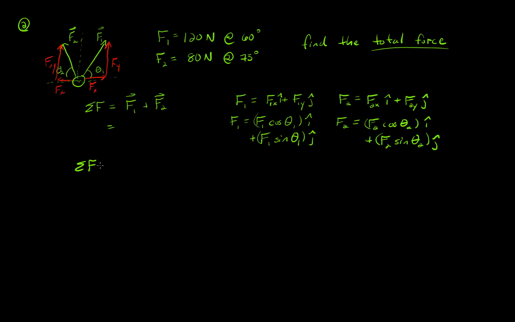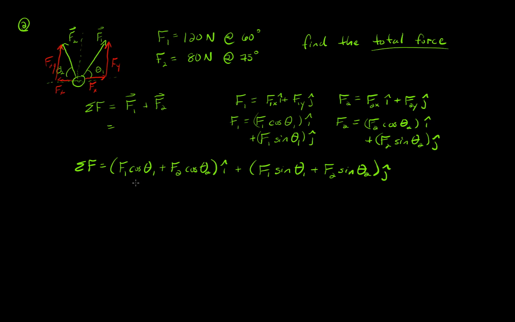So the net force is going to be this one plus this one. We add up the x and y components. So it's going to be F1 cosine theta 1 plus F2 cosine theta 2 in the x direction, plus F1 sine theta 1 plus F2 sine theta 2 j hat.